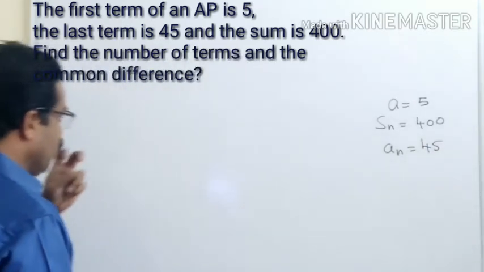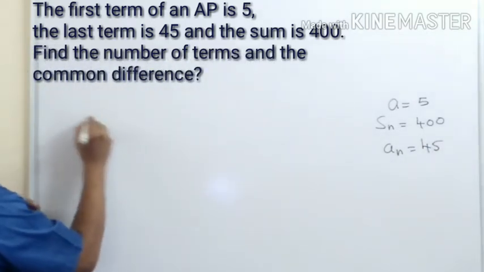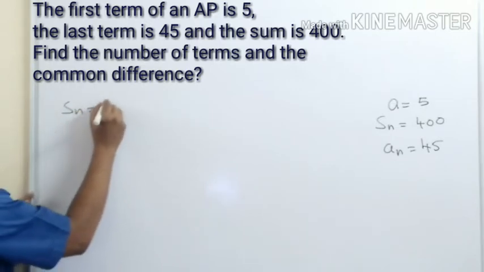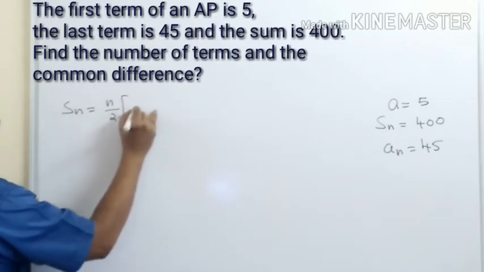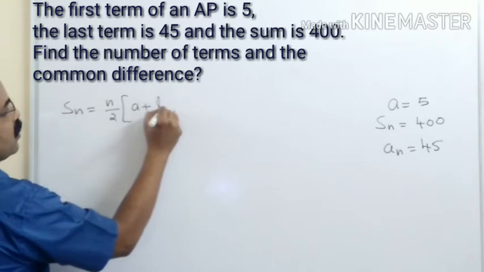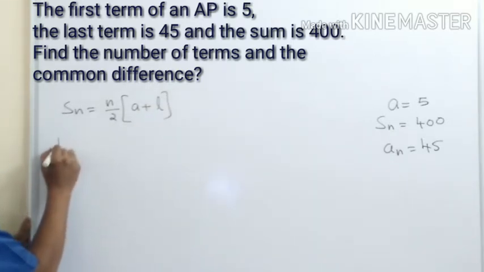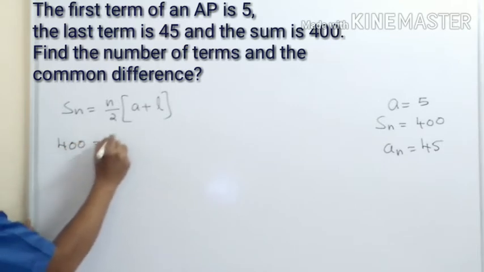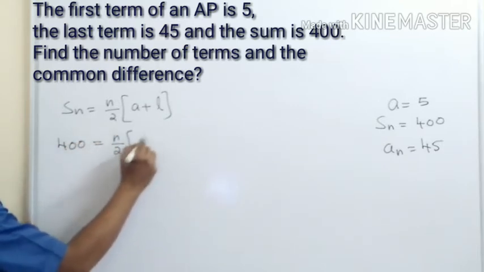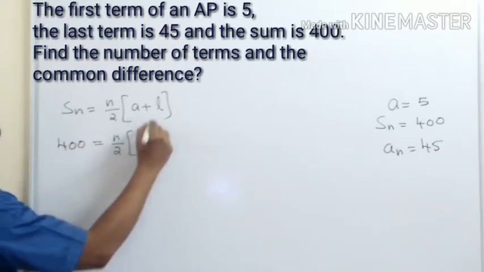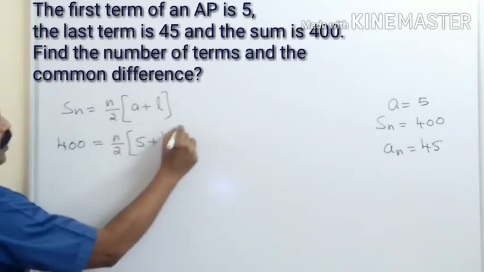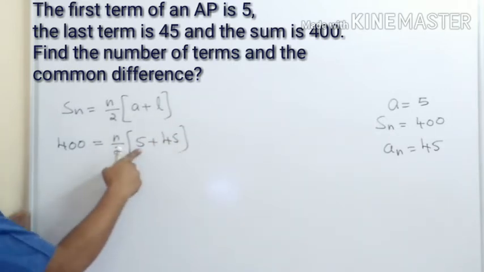So we know the formula for Sn. What is Sn? Sn is equal to n by 2 into a plus last term l.